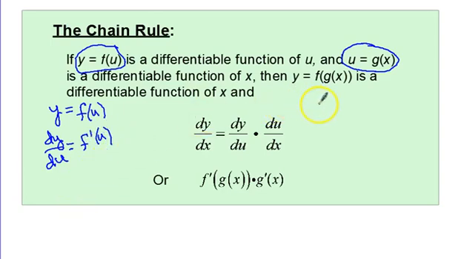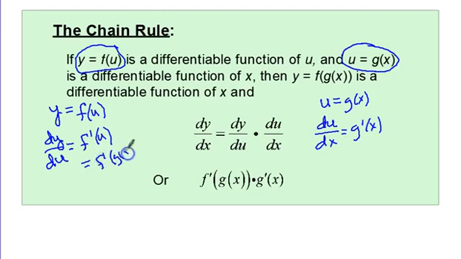And let's do u. So here we have u equals g of x. Taking the derivative, we have the derivative of u with respect to x, and that's going to be g prime of x. Now, what is f prime of u? Well, f prime of u is really just f prime of g of x. How do I know that? Because u is equal to g of x.